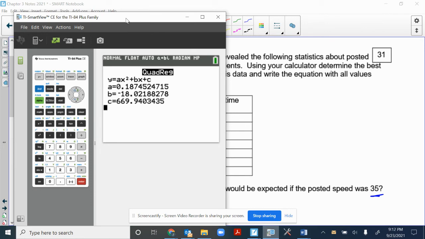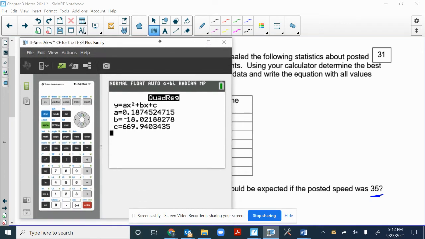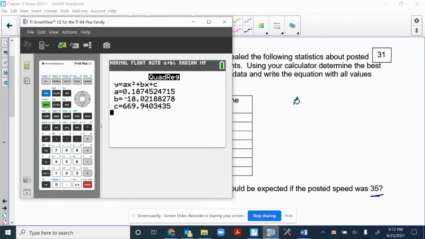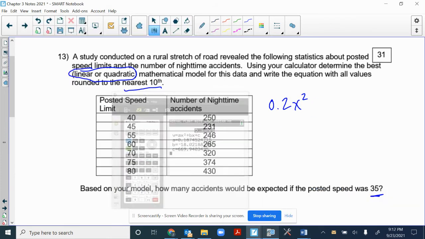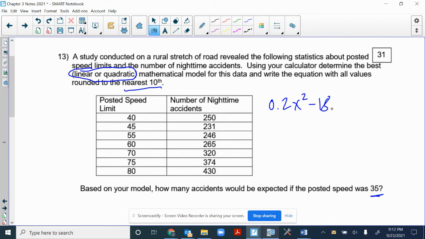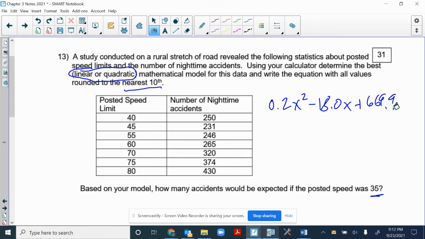They wanted it to the nearest tenth, so I would have 0.2x squared minus 18.0x plus 669.9. And there we go.